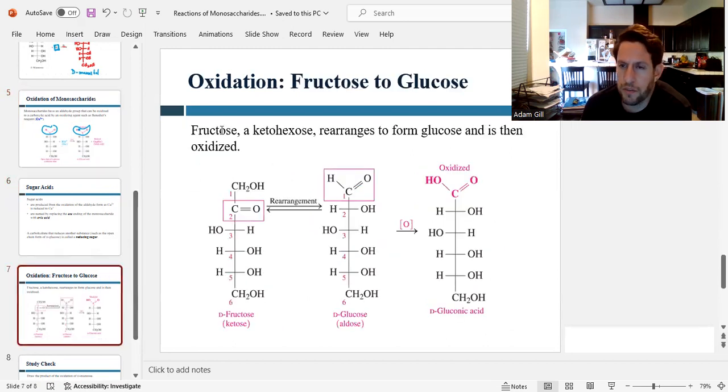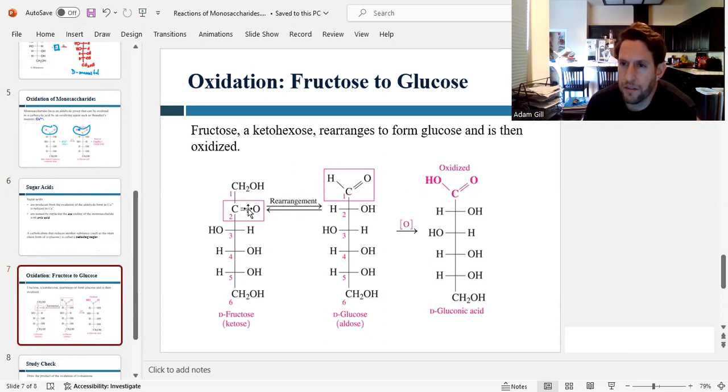Now, fructose is a ketohexose. In chapter 14, we told you that ketones can't oxidize, and that's true. But fructose and other ketoses have this unique property where they can rearrange and isomerize into aldoses.